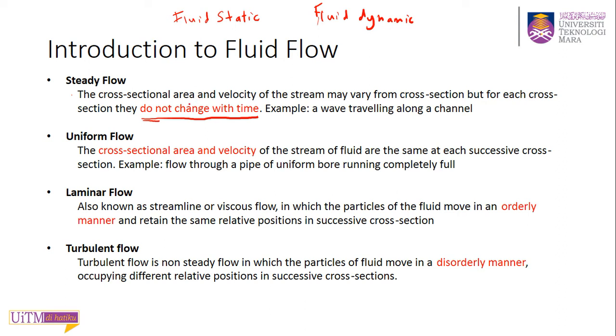All the velocities, all the properties of that flow are the same, not changing with respect to time. So at T1, maybe 0 hours, that is the velocity. At T2 after 5 hours, that is the velocity, the same. It's not changing.